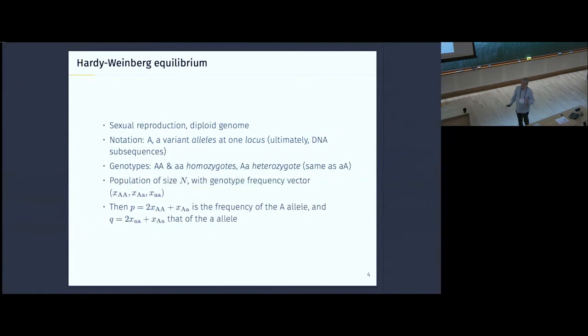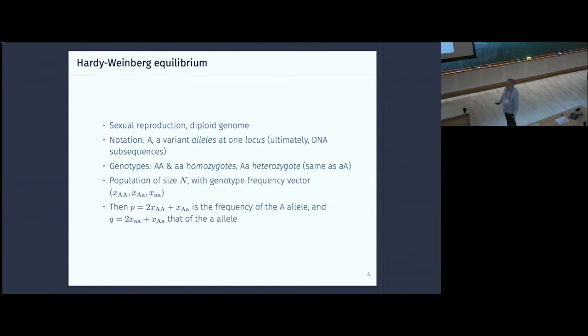Let's consider a population in which you have sexual reproduction and a diploid genome, and assume that you have two variants, say big A and small a, variant alleles at one locus, which eventually you have to consider that they are DNA subsequences in the long genome of these individuals.